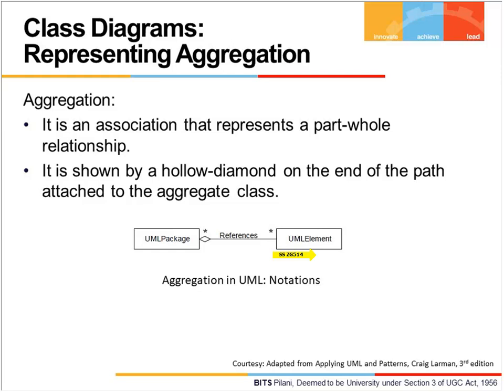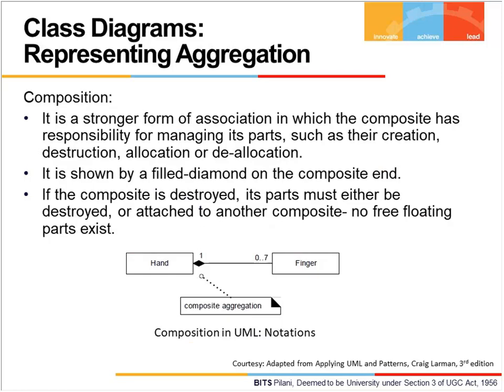So the relationship is not very strong in this particular aggregation kind of relationship. If I open up the bouquet, every flower still exists. But this is not the case in a composite relationship.